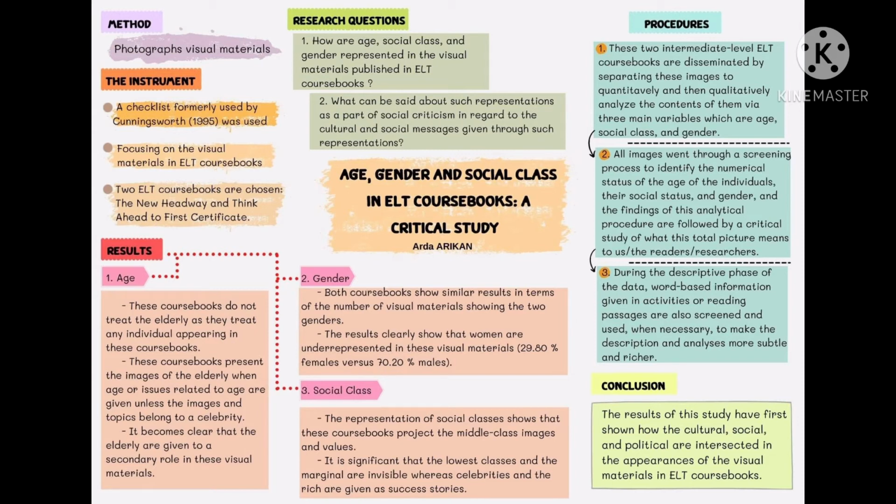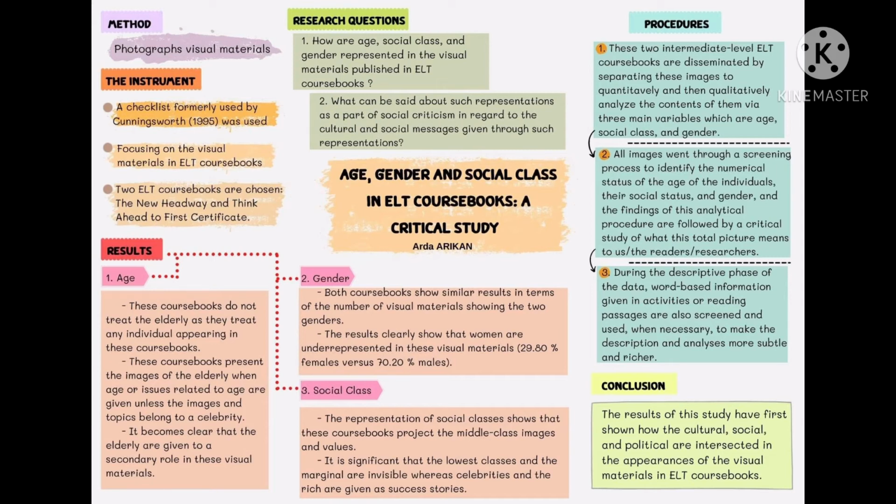The first research question is, how are age, social class, and gender represented in the visual materials published in English language teaching coursebooks? Second, what can be said about such presentations as a part of social criticism in regard to the cultural and social messages given through such representations?